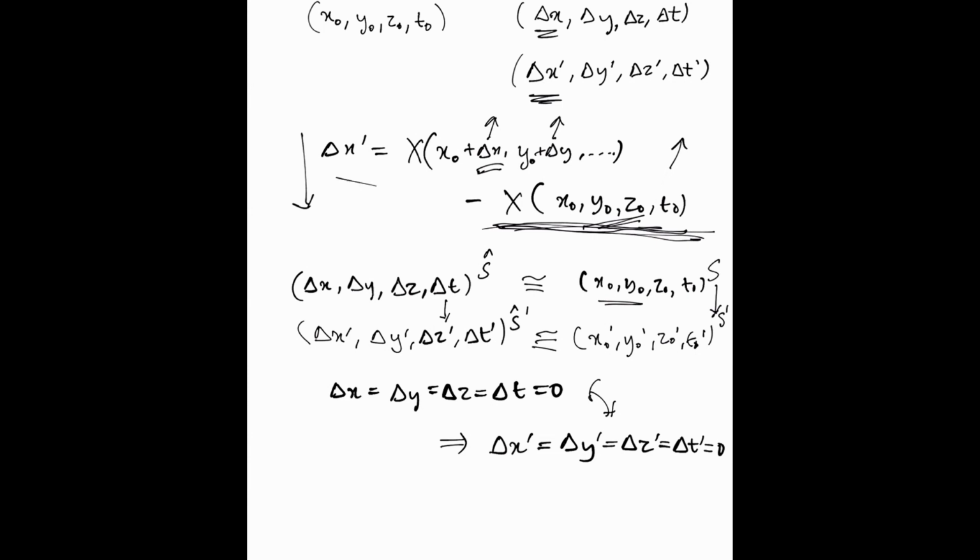Now, I'm not going to write the equation for Y, Z, and T. Now you see this equation that I have here. I'll just replace this delta X dash by this function that I have here. So X of delta X, delta Y, delta Z, delta T equals X of X naught plus delta X and so on, minus X of X naught, Y naught, Z naught, T naught.